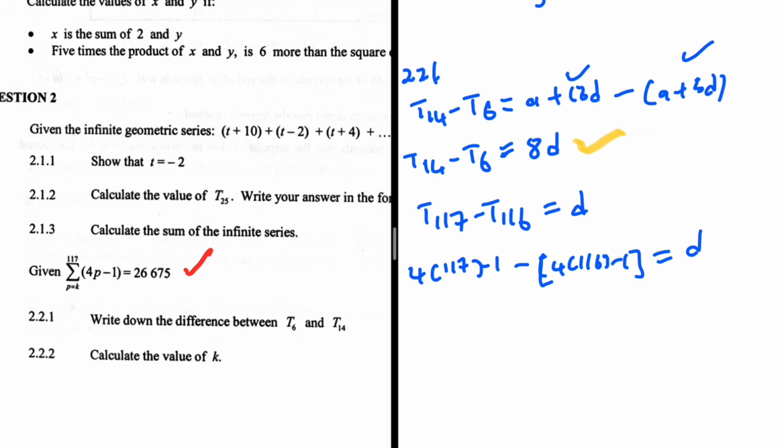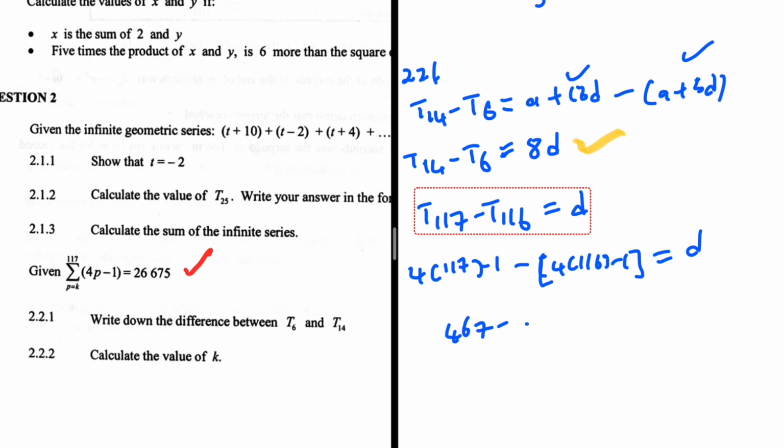So let me put that in my calculator. 4 times 117 minus 1, 467. Okay, let's stick to the basics. 467 minus 4 multiplied by 116 minus 1.